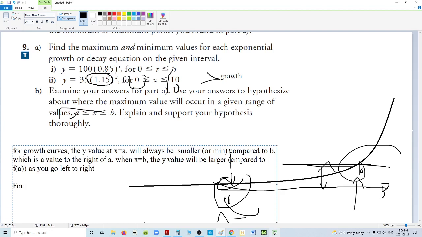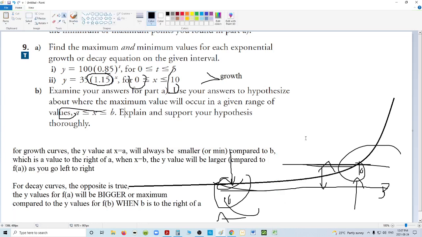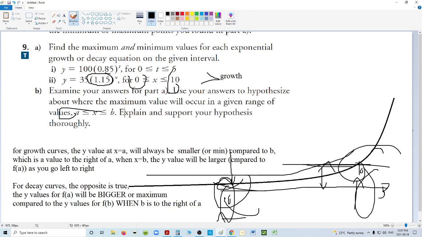For decay curves, the opposite is true. The y values for f of a will be bigger or maximum compared to the y values for f of b when b is to the right of a, which just means when I'm taking 2 points and I'm calling a to the left and b to the right, on growth curves, b's y value will always be bigger, and on decay curves, b's y values will always be smaller.